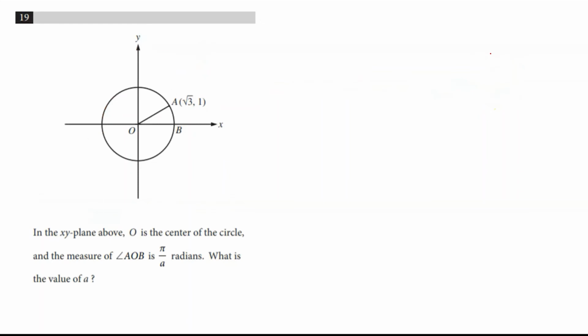Number 19, let's see. So O is the center of the circle, and the measure of angle AOB, that's this angle, is pi over A radians, and we are trying to solve for A. Okay, to do so, we would need to find the length of our radius OA, and that can be given by the distance formula.